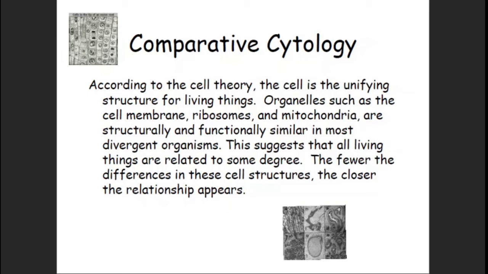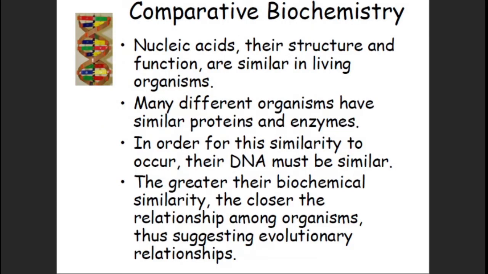This is the reason why we go for 16S rRNA sequencing, to identify how closely related two species are. This suggests that all living things are related to some degree. The fewer the differences in cell structure, the closer the relationship will appear.